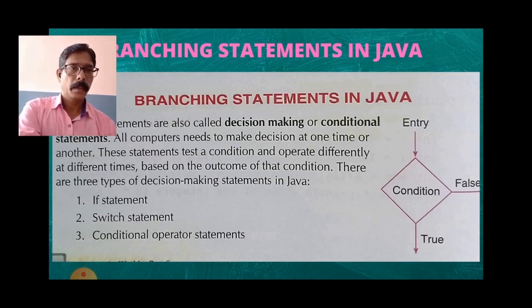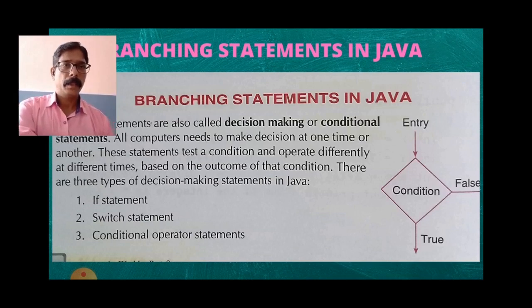When the value of x is greater than 10, then the next line will be executed, right? If it is not greater than 10, then only when greater than 10 will that execute.